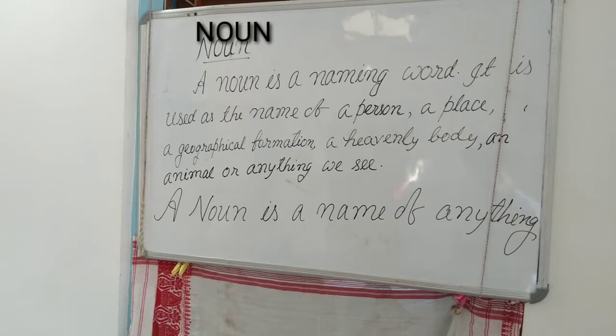So let's start with noun. A noun is a naming word. It is used as the name of a person, a place, a geographical formation, a heavenly body, an animal, or anything you see. That means it gives the name of anything. So we can say a noun is a name of anything.